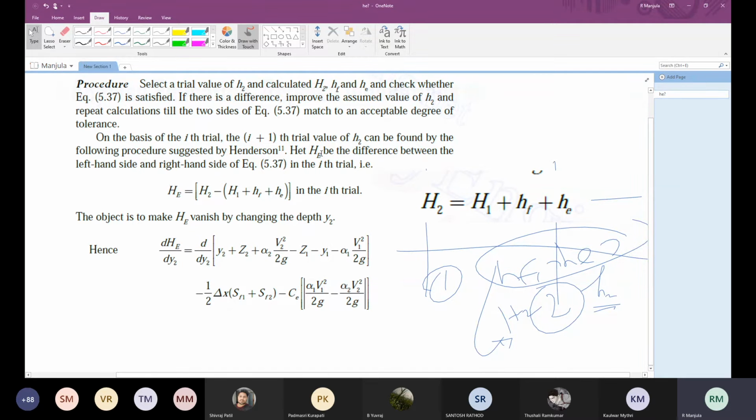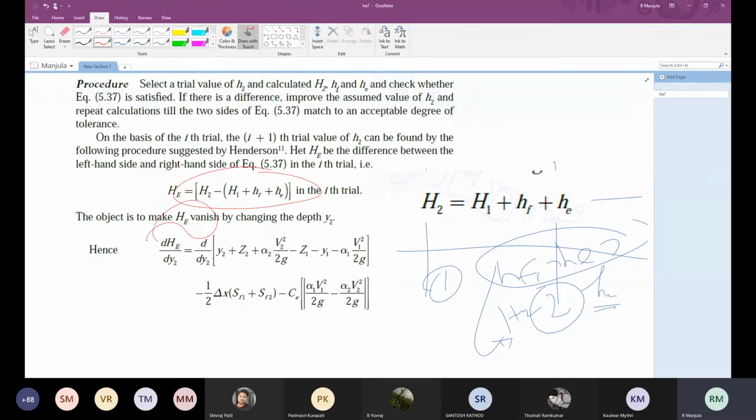Let the error be the difference between the left and right hand sides of the equation. What do you mean by that? H2 minus H1 plus HF plus HE.